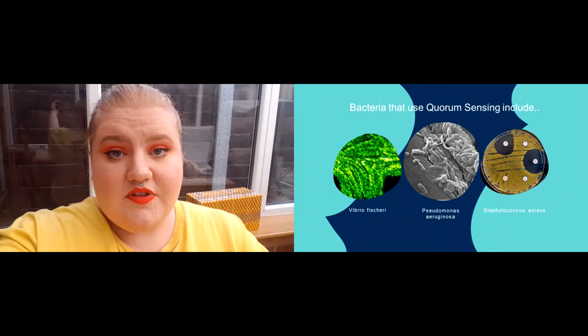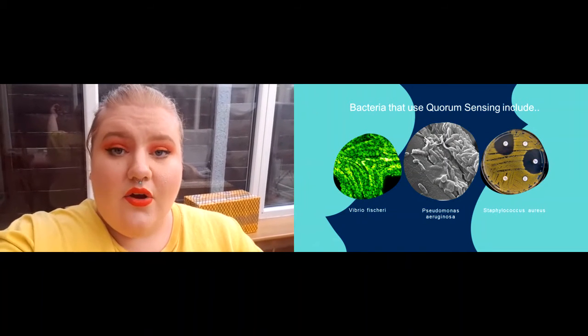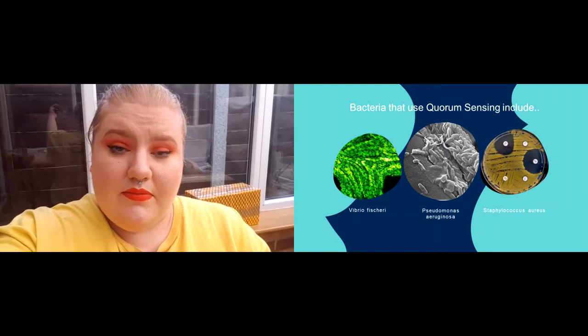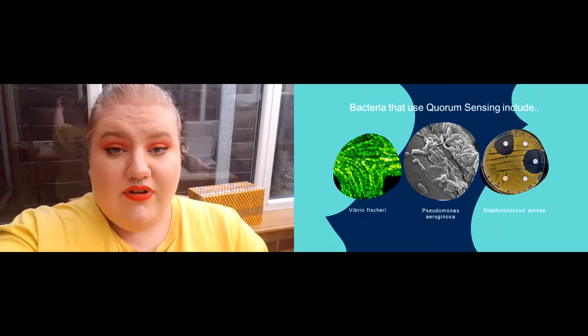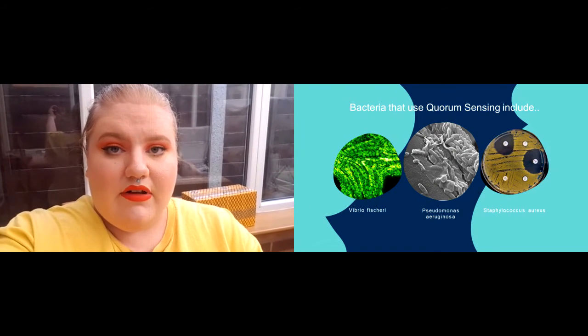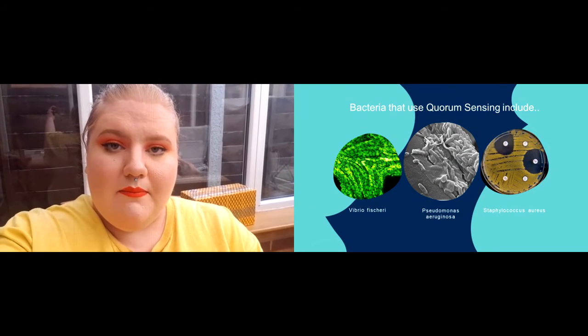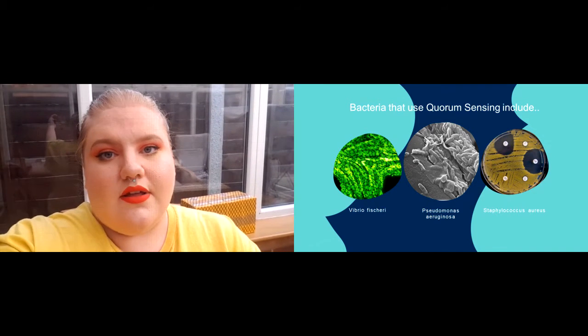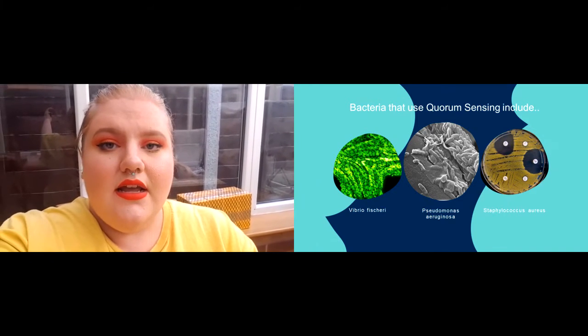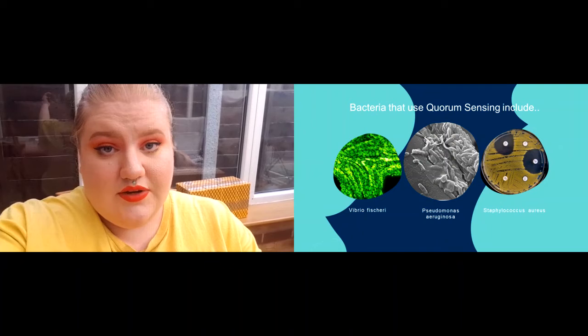Lots of types of bacteria use quorum sensing, and not necessarily just to help them stick to surfaces. A really good example of a bacteria that uses quorum sensing to make biofilms, which is a way of anchoring to surfaces, is called Pseudomonas aeruginosa.